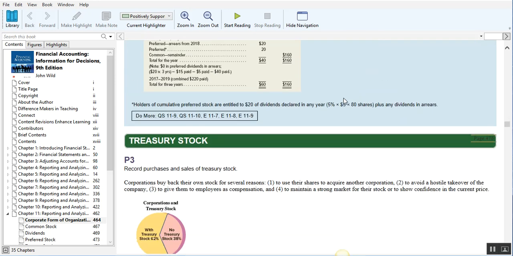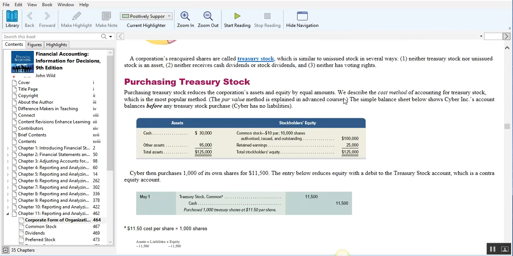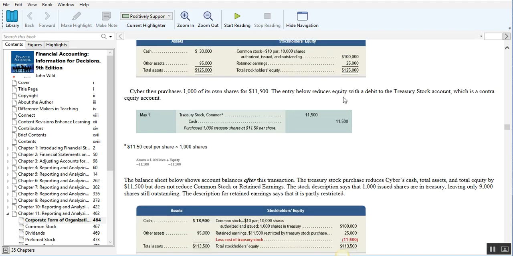Okay, so the next thing is treasury stock. If you buy back shares of stock, it's going to be called treasury stock. It is entirely possible and sometimes likely that a corporation will buy back shares of stock if it sees the value of the stock declining too much and wants to perhaps shore up the price. It will buy back some of its own shares.